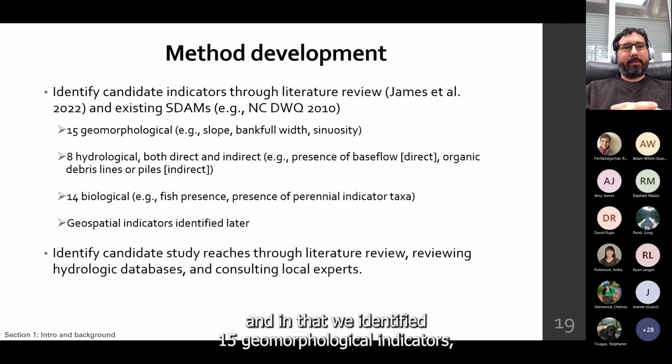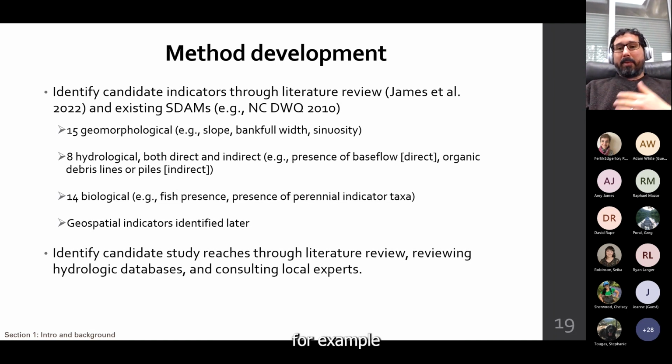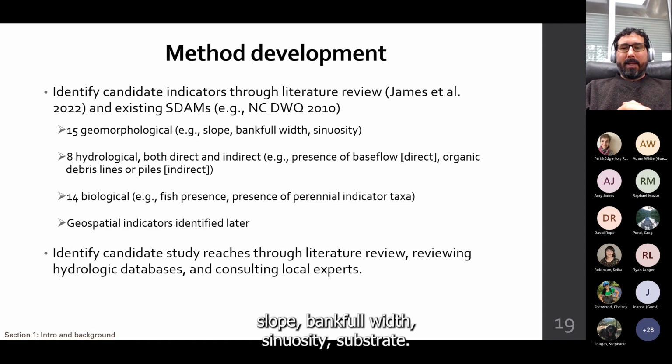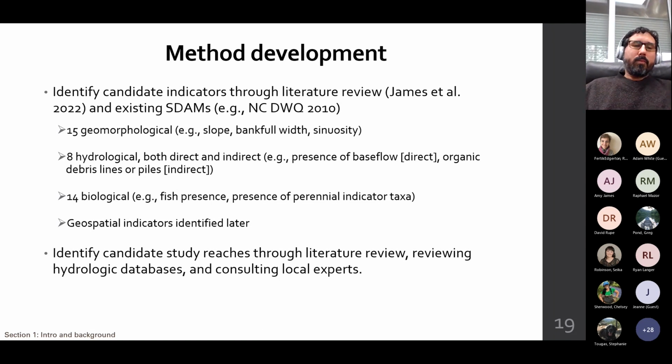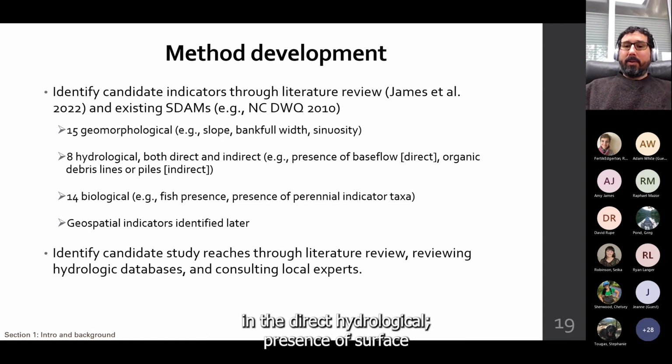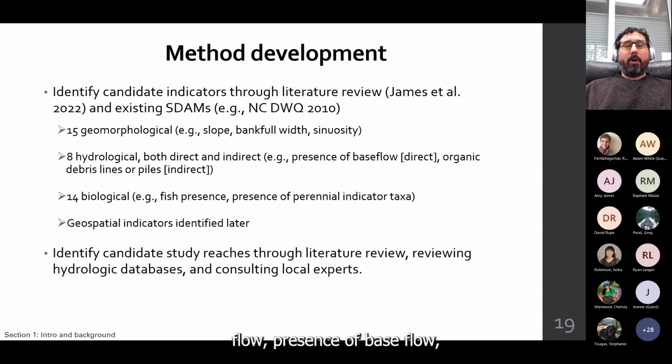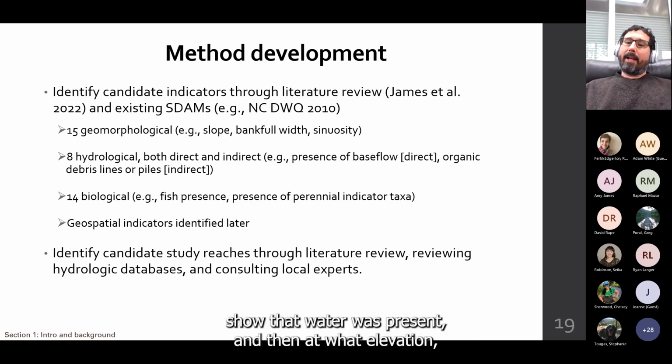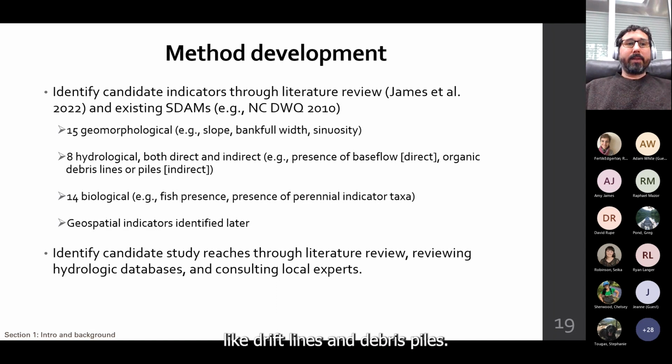So we have our literature review for the Northeast, Southeast regions we finalized last year, and in that, we identified 15 geomorphological indicators, for example, slope, bank full width, sinuosity, substrate. We also identified 8 hydrological indicators, both falling in the direct hydrological, presence of surface flow, presence of base flow, as well as the indirect indicators that show that water was present and at what elevation, like drift lines and debris piles.